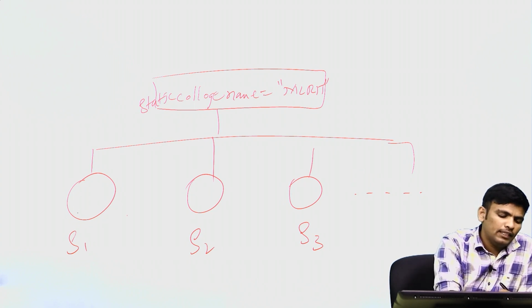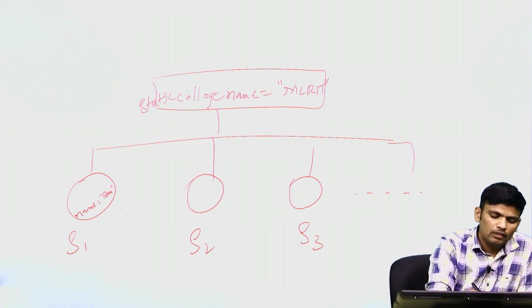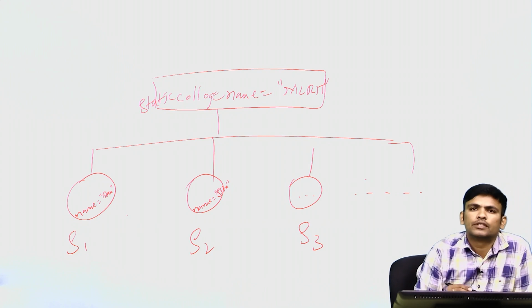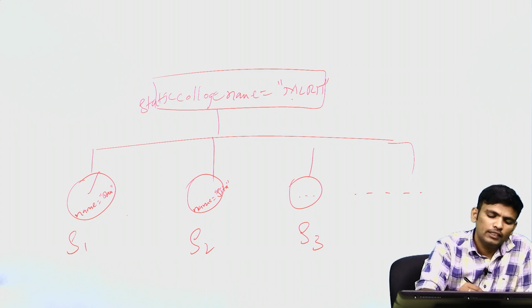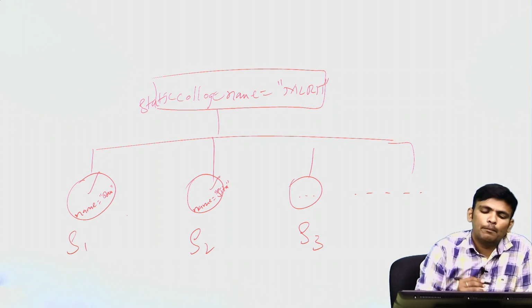Now S1 has its own properties like name. Suppose let's take Ram, and for the other object let's take the name as Sita, some other names. Now the college name for S1 is MLR, and the college name for S2 is also MLR.